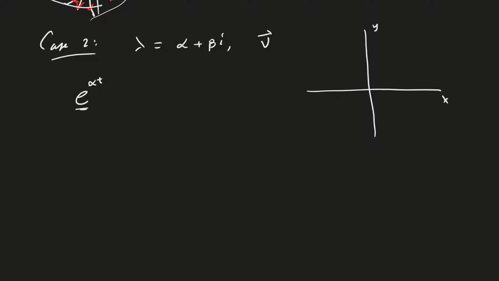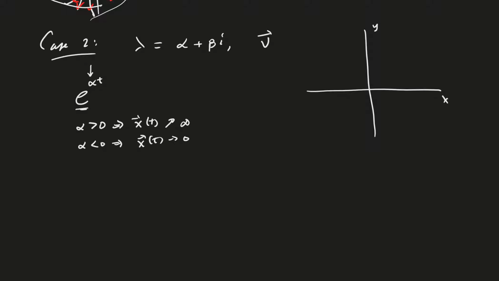I just want to mainly look at this because this alpha here, if that's a positive number, what's going to happen to your solution? That means the exponential function is going to blow up, right? If alpha is bigger than 0, your x of t is going to go to infinity in a plus or minus way. And then if alpha is less than 0, your x of t is going to go towards 0.